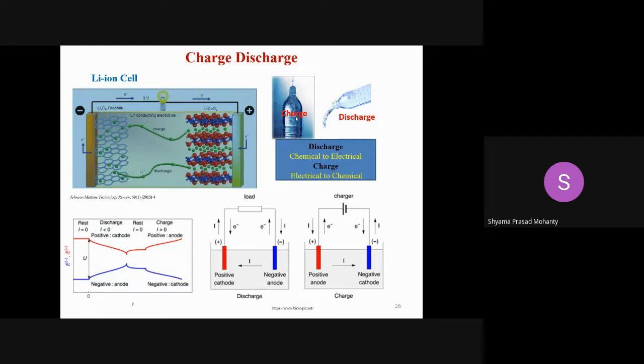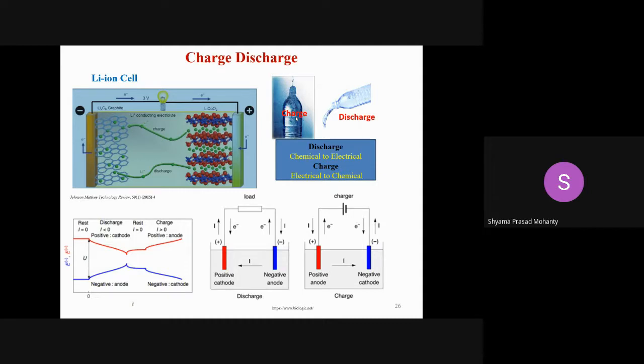Similarly, in these electrochemical cells, you will be having charging discharging process. Externally we will provide energy to reverse the chemical reaction, that will be your charging. When you utilize this chemical reaction to derive electrical energy, that will be your discharge process.